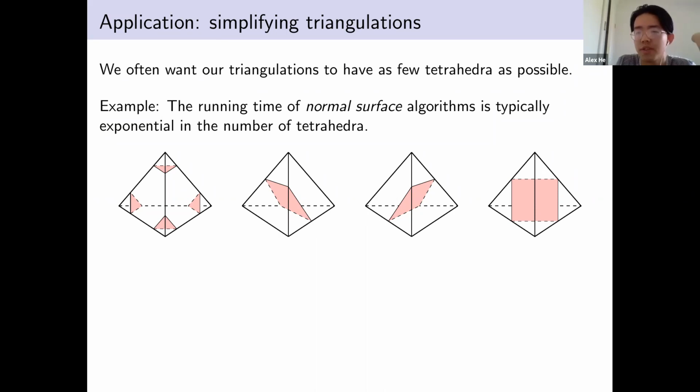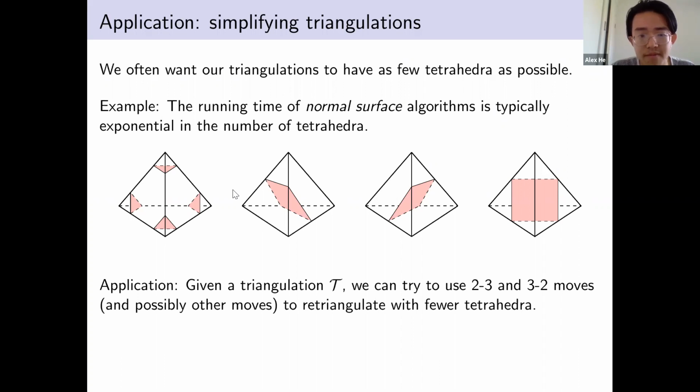That's four choices in each tetrahedron, so 4 to the n possibilities, because you have to do this for every tetrahedron. So you've got this exponential factor in the running time of your algorithm, and that means you want n, the number of tetrahedra, to be as small as possible to keep your computations practical.